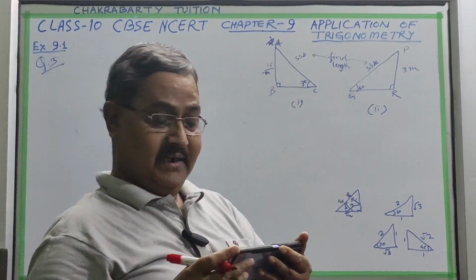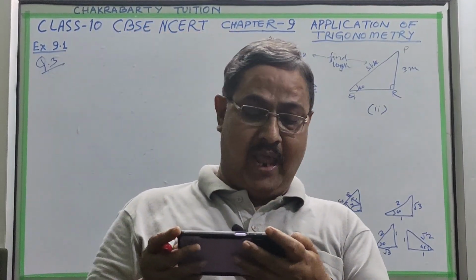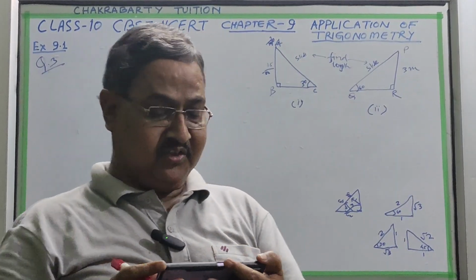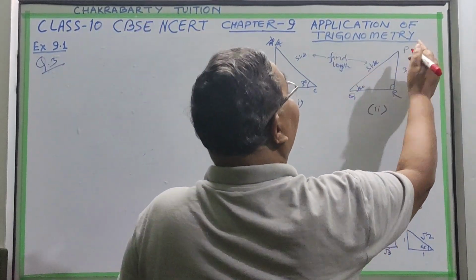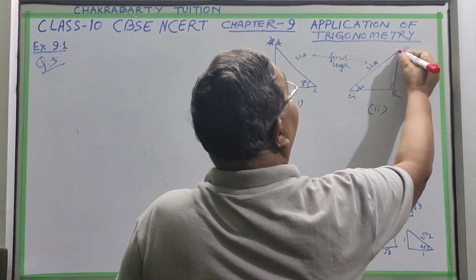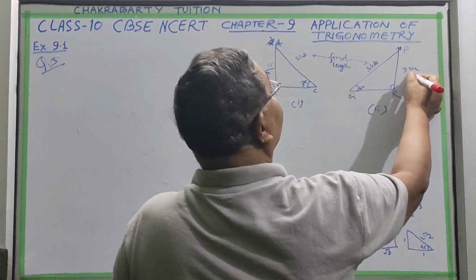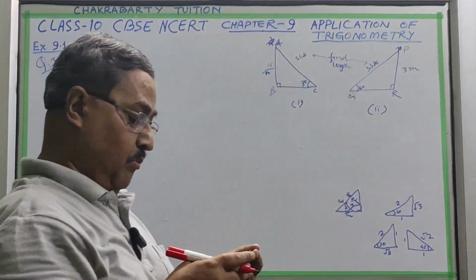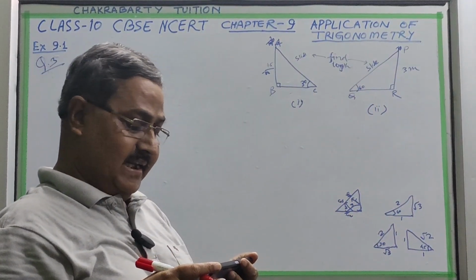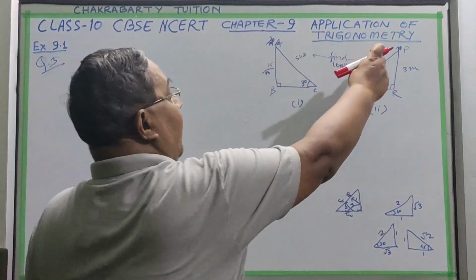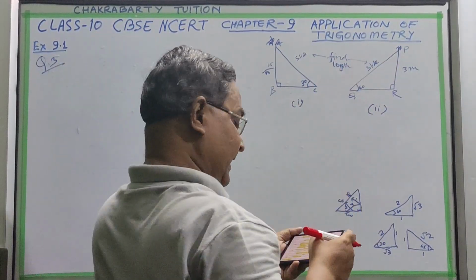Whereas for the elder children, she wants to have a steep slide at a height of 3 meter. So this is the top, and she wants a height of 3 meter, inclined at an angle of 60 degree to the ground. Its top is inclined to the ground at a 60 degree angle.